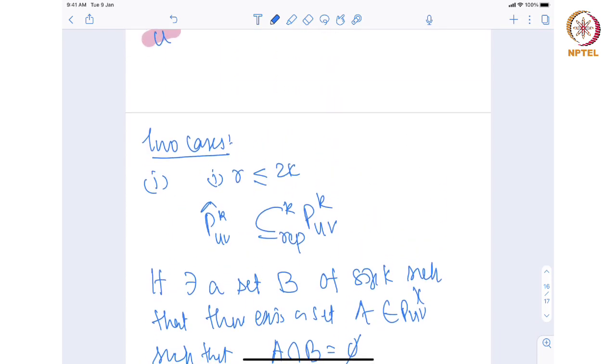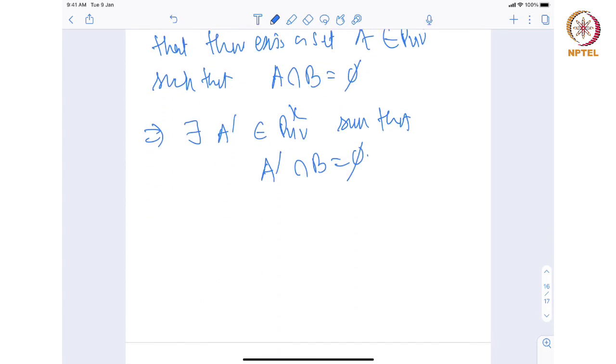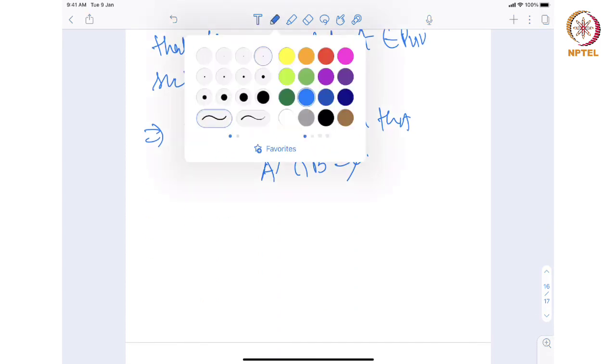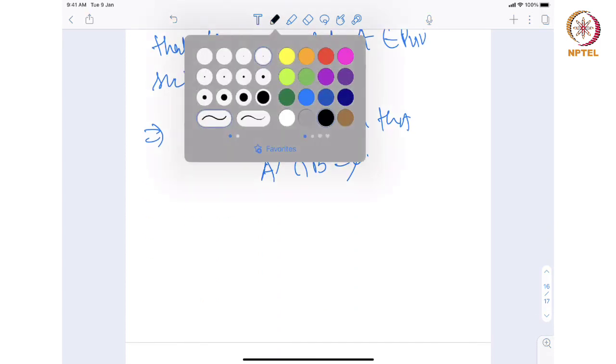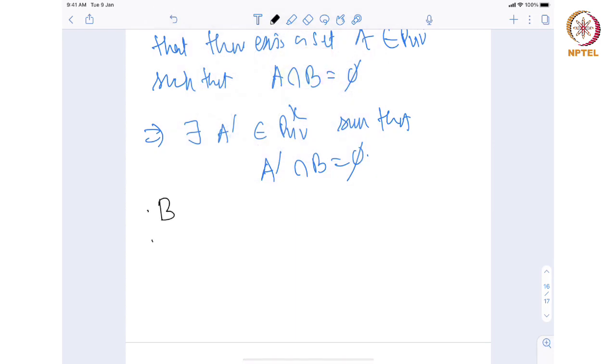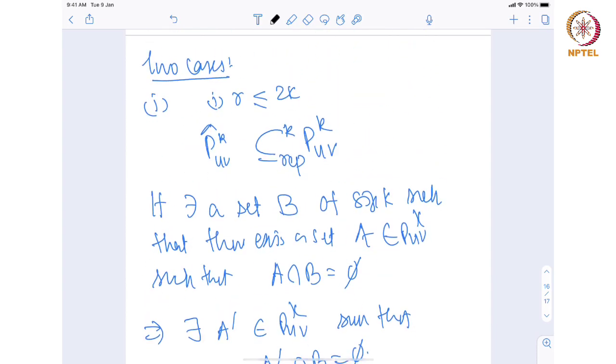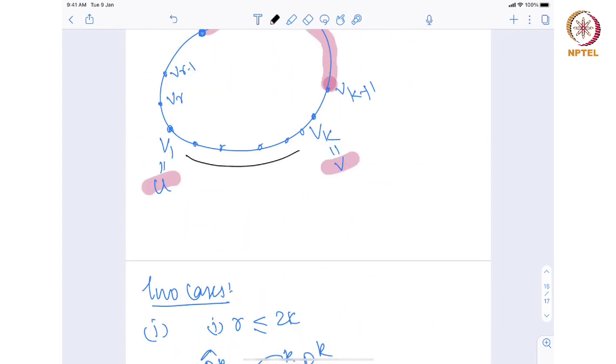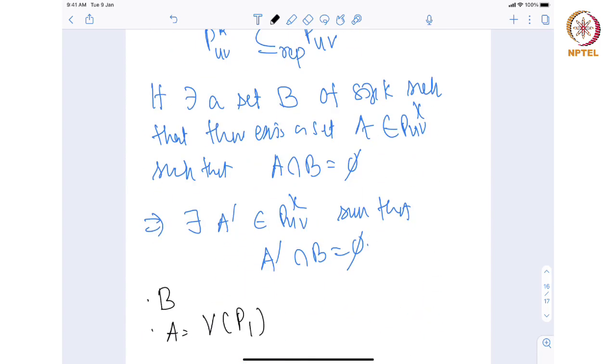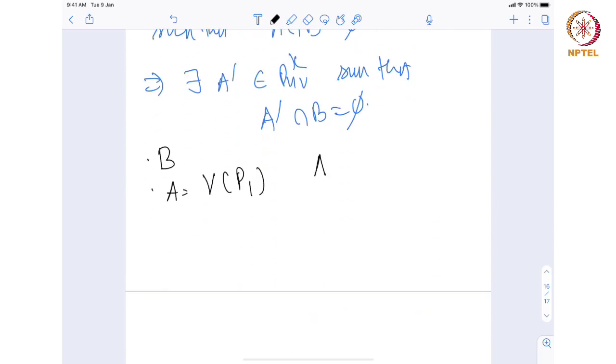Now we are in the case r less than or equal to 2k. So B is B, and what is our A? A is the vertex set of P1, the path from U to V. What I know is that A intersection B is empty.